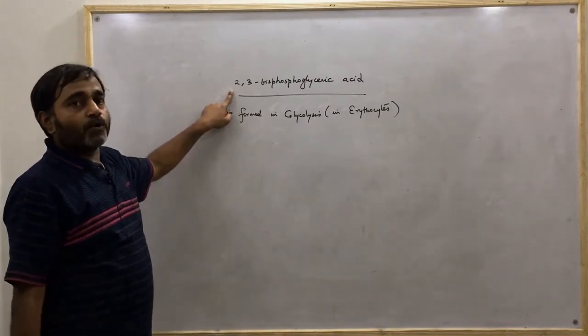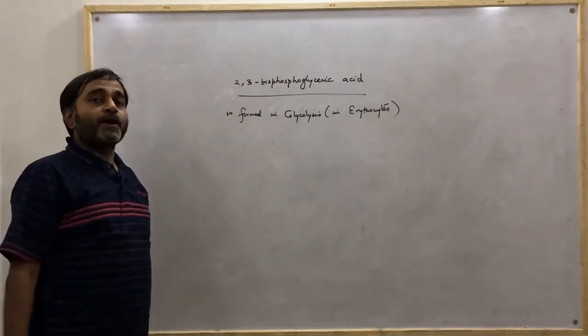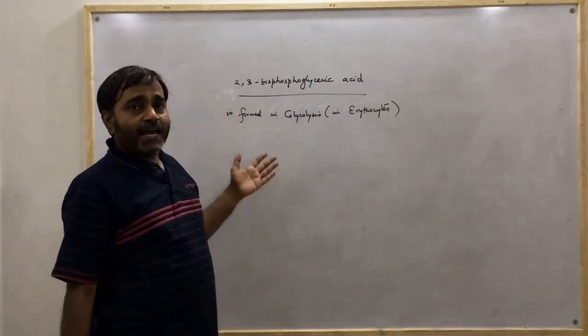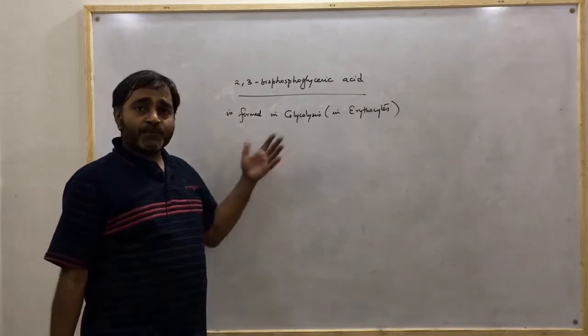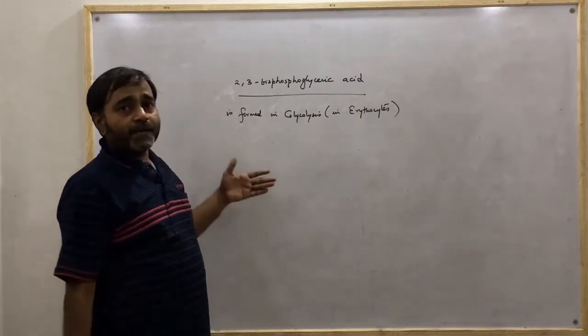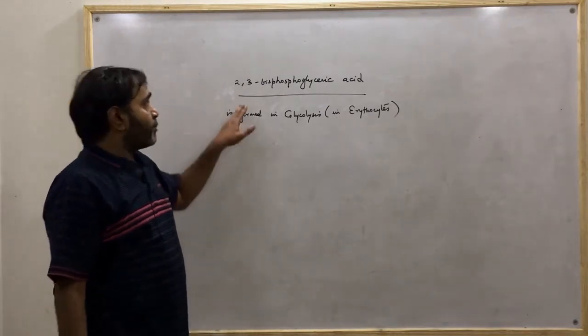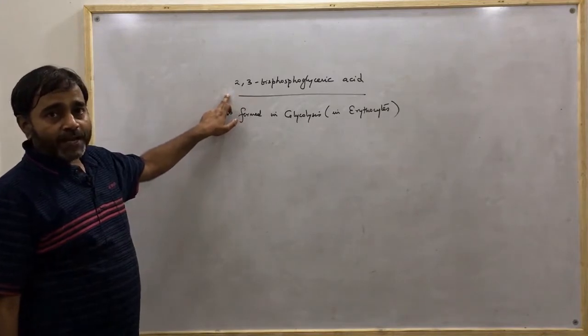If we look at the hemoglobin present in the blood, what is the utility of this compound? If we see the respiratory system of mammals and higher animals, for the delivery of oxygen into the tissues, this compound is essential. Why?